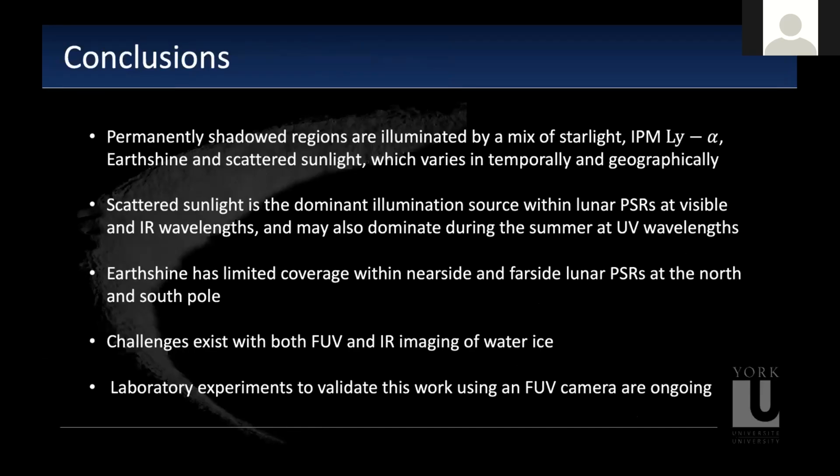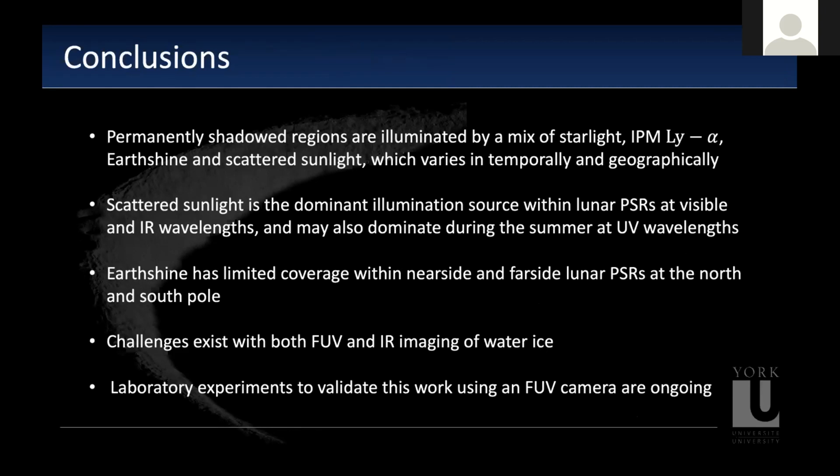Okay, so that's all I have, and these are the conclusions. Just to reiterate, we analyzed all of these different illumination sources within permanently shadowed regions, and we find that scattered sunlight is the most significant source, but it does vary significantly in time.